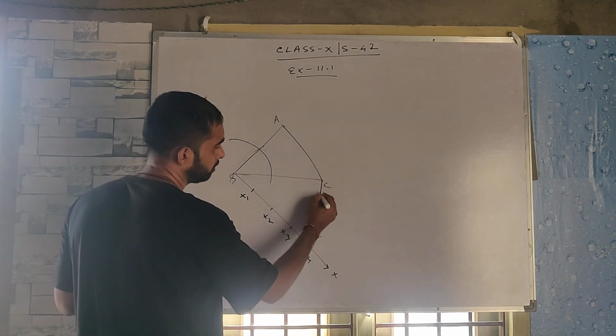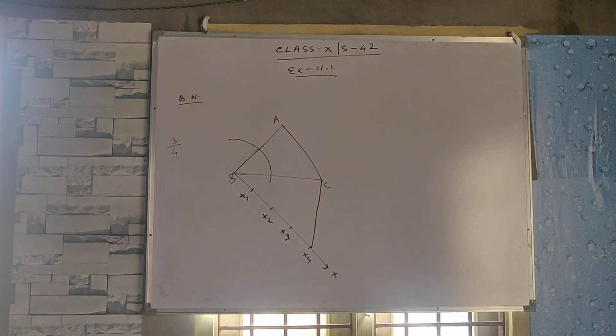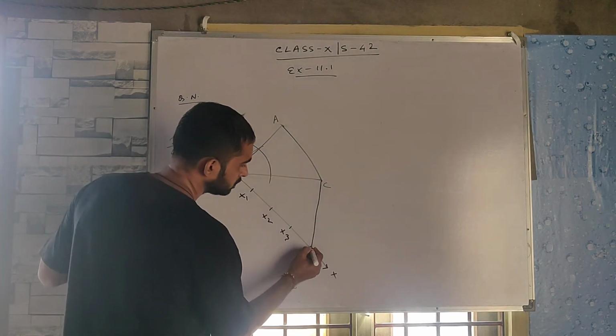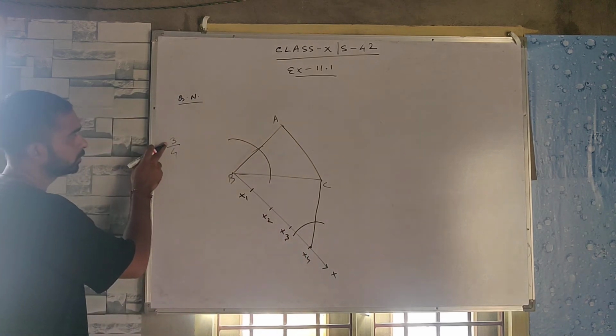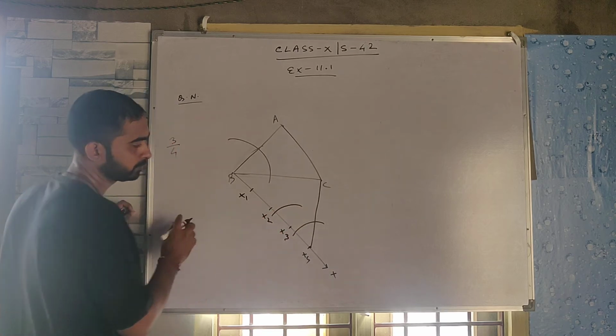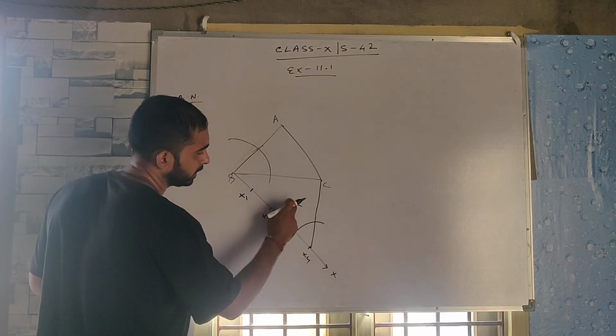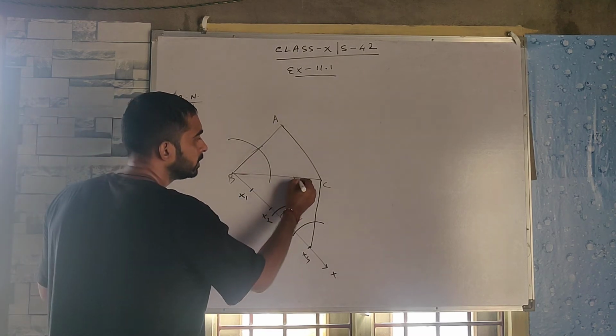Join C with X4. Then put the compass at X4, draw an arc. So next one is 3. Put the compass at X3, draw an arc of the same angle. Got it? Then measure this angle. So this point will be C dash.